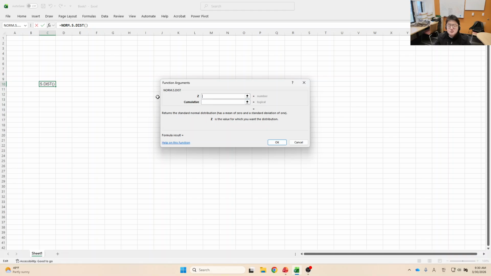Then it tells you two inputs. There are two inputs. You have to put a number. So the first input should be a number. So I will input the number that I was interested in. And then the second thing is logical. It tells you that true tells you this, false tells you that, but we are going to use true, right?